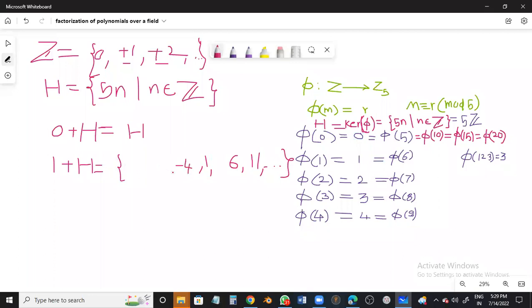I hope you remember this. We have done this so many times. Next entry was minus 10. To that you add 1, you get minus 9 and so on. Next is 2 plus H. For better understanding, I would have written my H here. Let me write it.